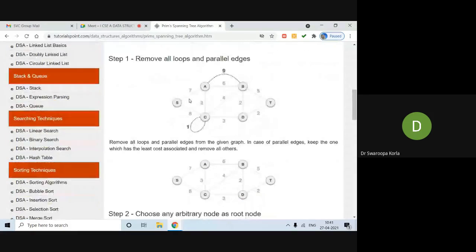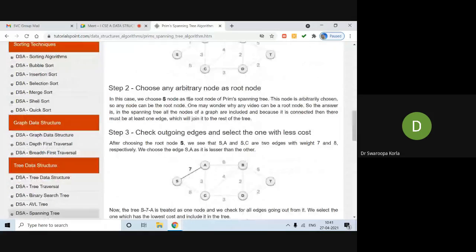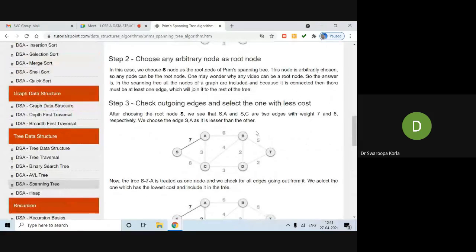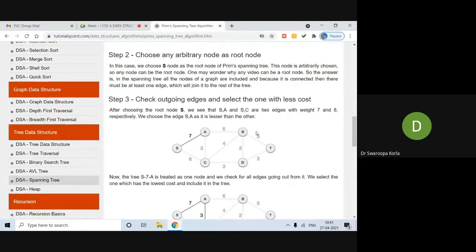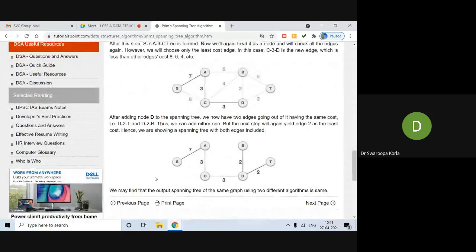From step 2 onwards, we have the differences. We select the root node and keep on adding the edges with the least cost. And finally, this is the constructed minimum cost spanning tree in the case of Prim's.